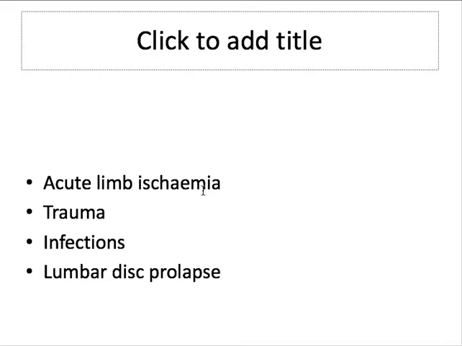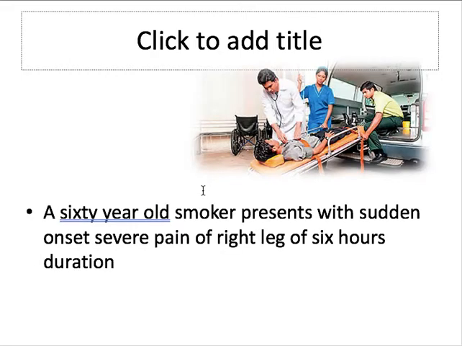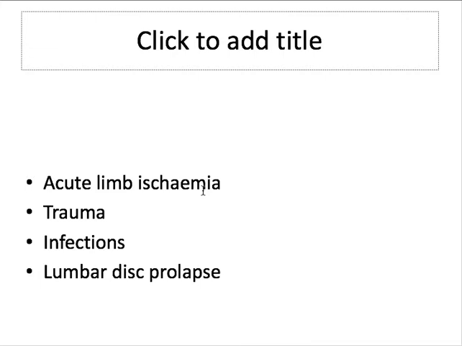So the person presented actually didn't have any trauma, there was no fever, no neurological history suggesting a lumbar disc prolapse, and feeling his leg, it was very cold, and the distal pulses were absent. So now what are the possibilities in this patient for acute limb ischemia?